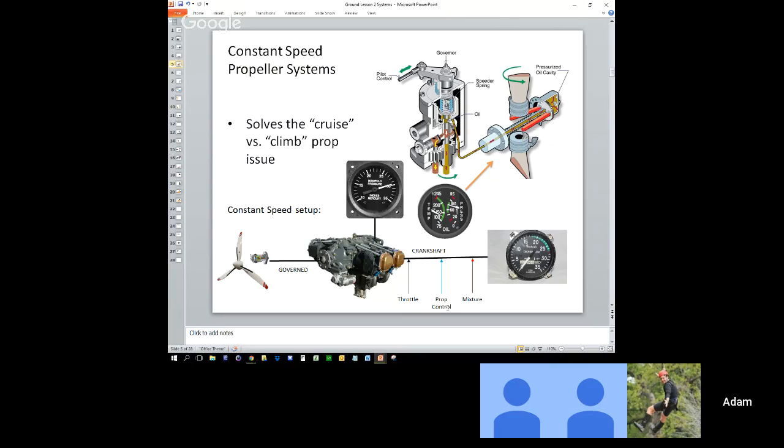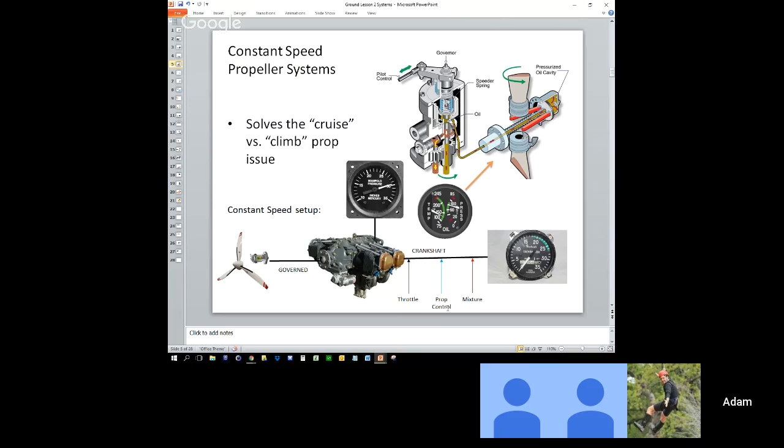Now, from the propeller side of things, when it sees the full prop forward, it goes into a low angle of attack mode, a climb mode. Because the high RPM means the prop needs to be, like we said before, creating little drag through the air.